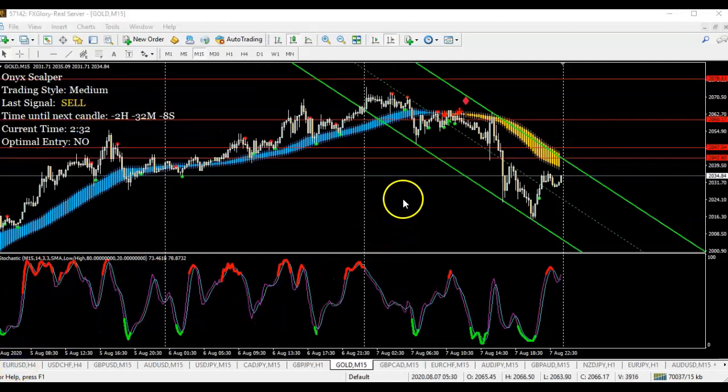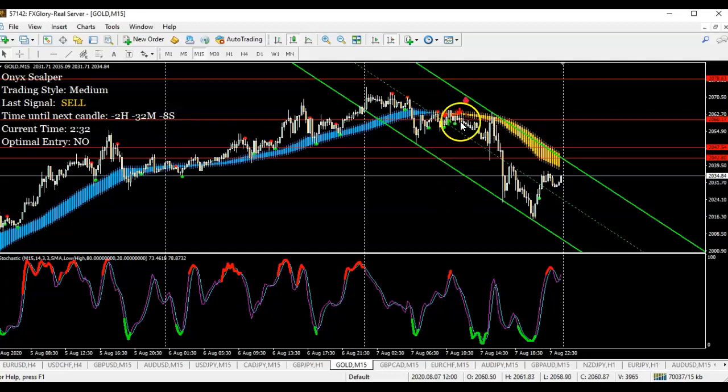Here, the last trade that was taken was gold. Notice that price on a 15-minute chart, notice the jackhammer lines are pointing down, so it's showing us that gold is in a downtrend. It breaks below the Onyx bars.